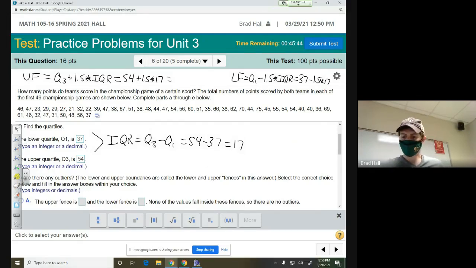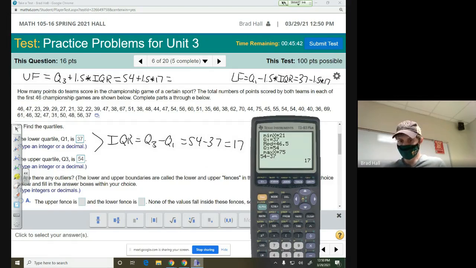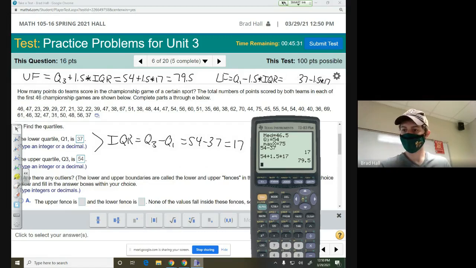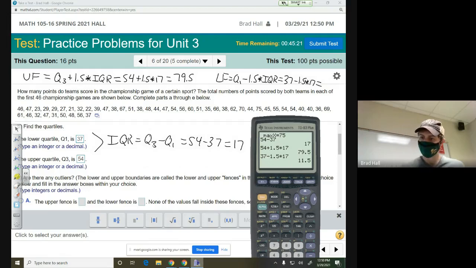And so let's figure out what these two values end up coming up to be. 54 plus 1.5 times 17, we get 79.5 for the upper one. And then for the lower one, 37 minus 1.5 times 17, 11.5.